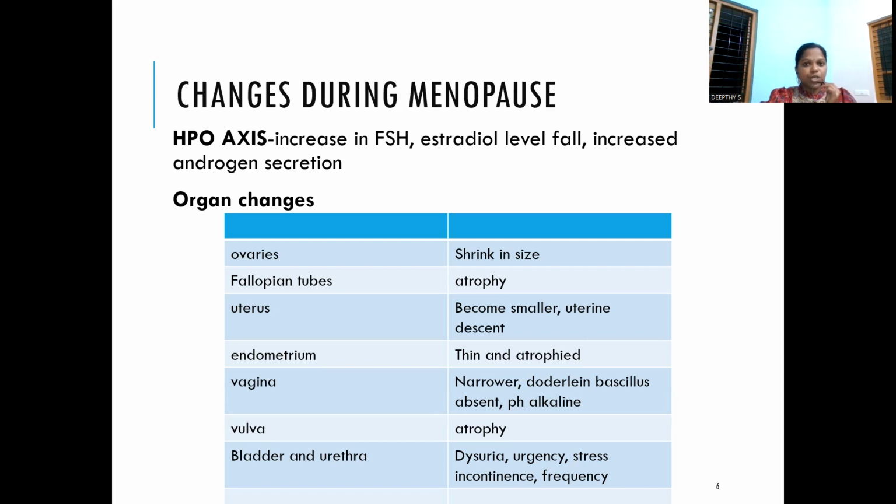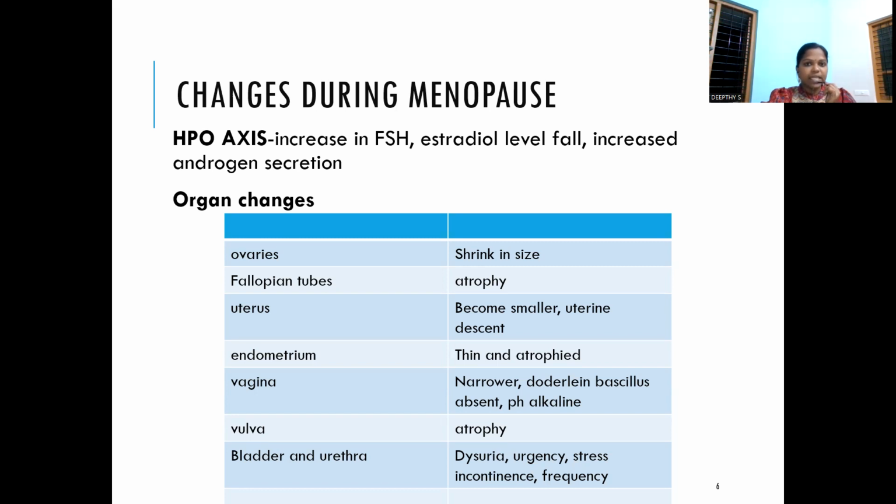Then coming to the uterus, it becomes smaller. Finally, it gets atrophied. Then in some cases, we can see the uterine descent. As the pelvic floor muscle loses the tone after menopause, the pelvic organs may get prolapsed.